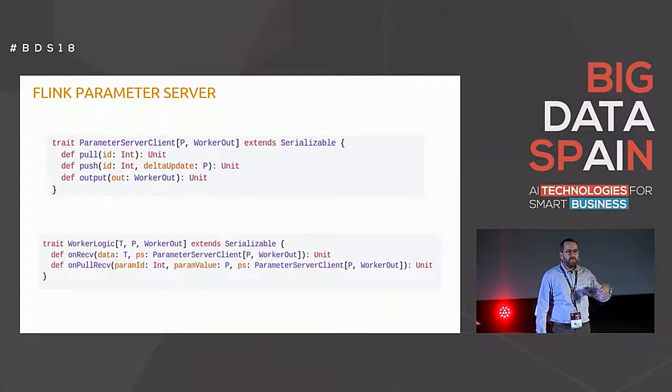When I receive new data, how does my worker work, and what do we do when I receive the machine learning model from the parameter server. It's like a callback. With these two implementations, we can implement the interaction between the worker and the parameter server.